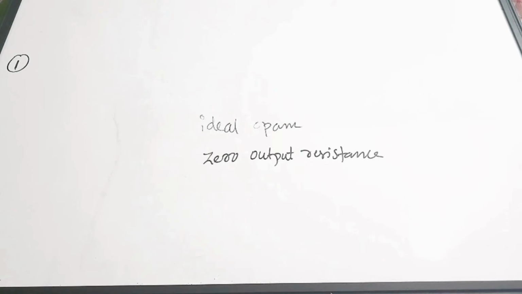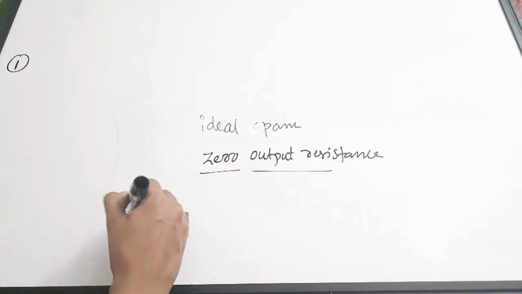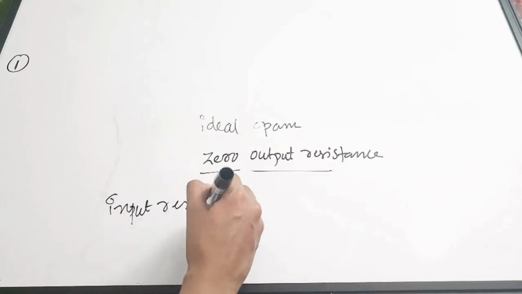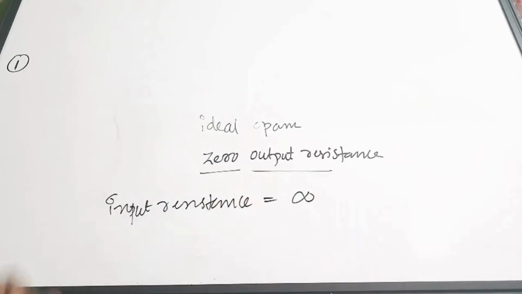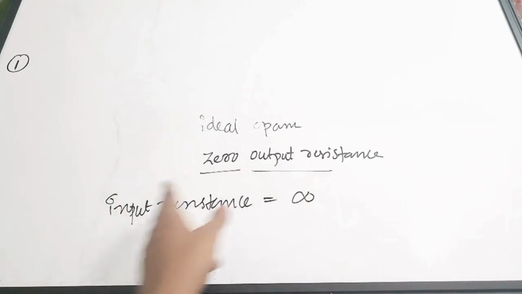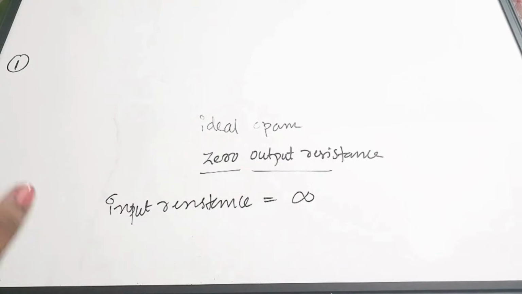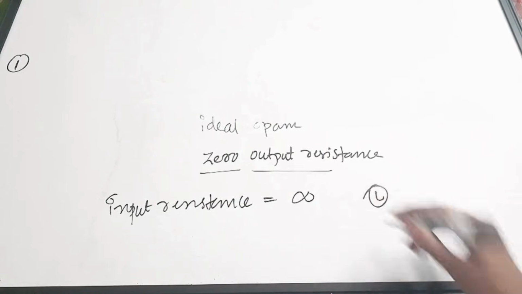For that purpose, we have made the output resistance 0 and the input resistance infinity. So if the option says input resistance is infinity, it is right. But the output resistance is not infinity, it is 0. So here the question is asking about the wrong characteristic, which is option C.